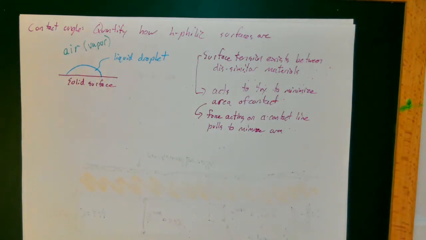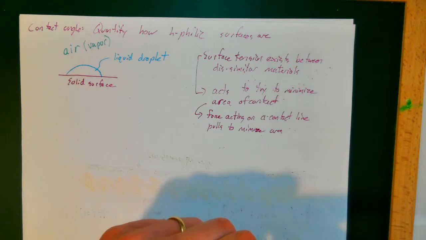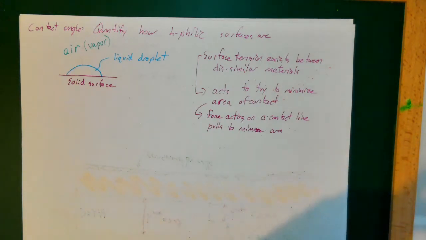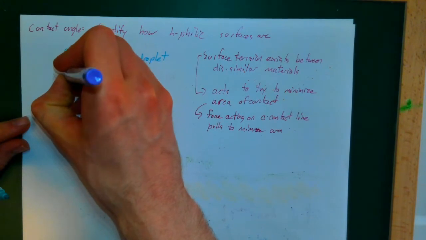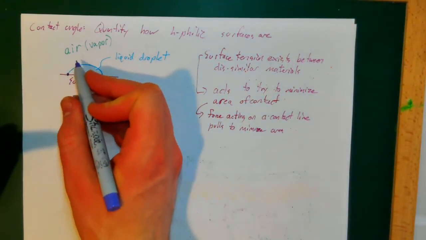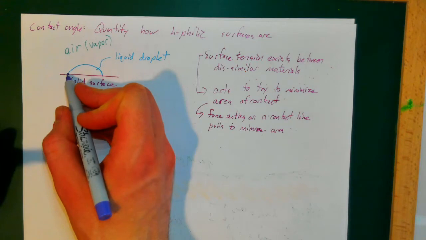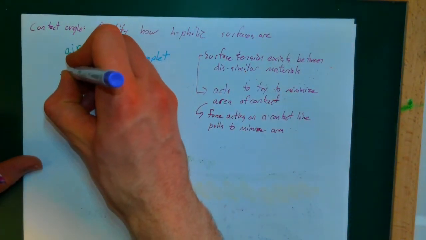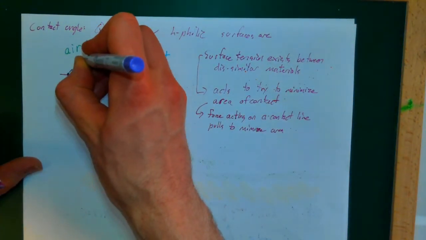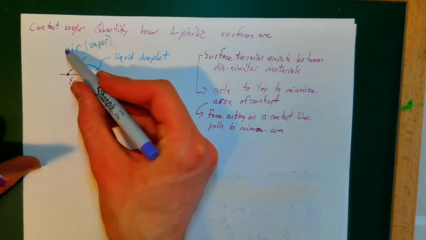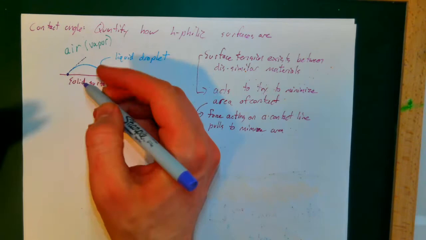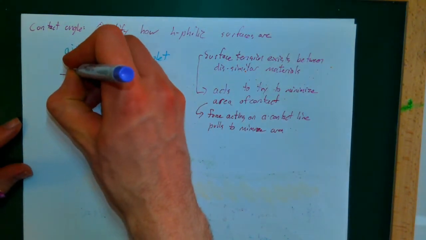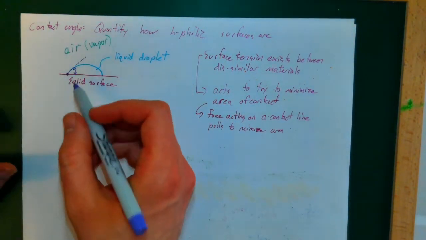So how do we define contact angle? Well, you choose a point where all three interfaces meet, you draw a line tangent to the air-liquid interface, and you put your angle within the liquid.